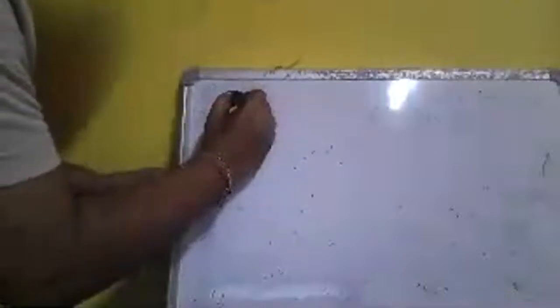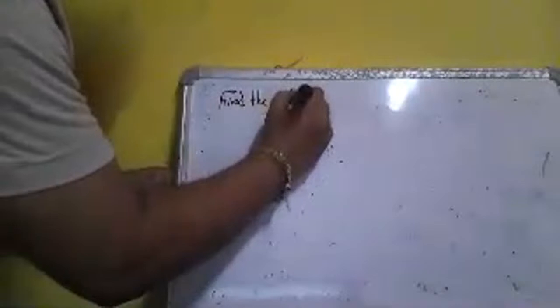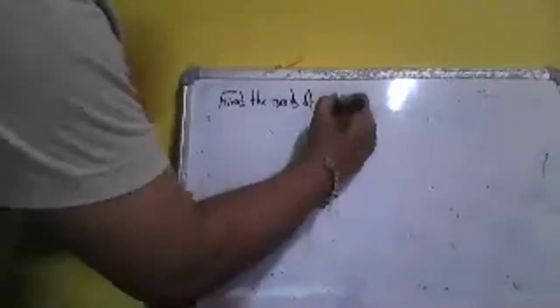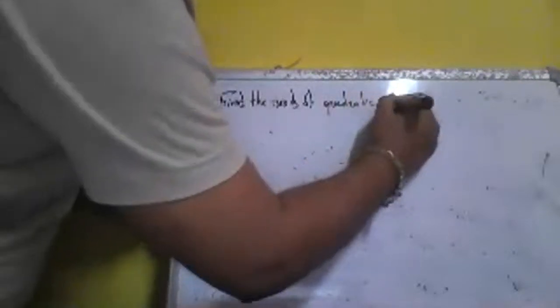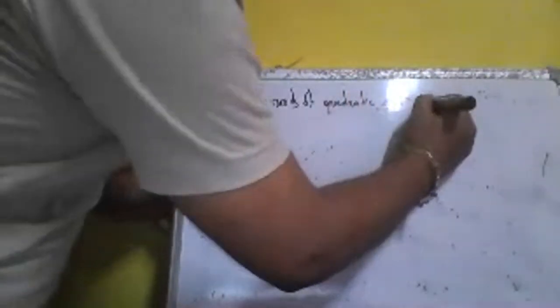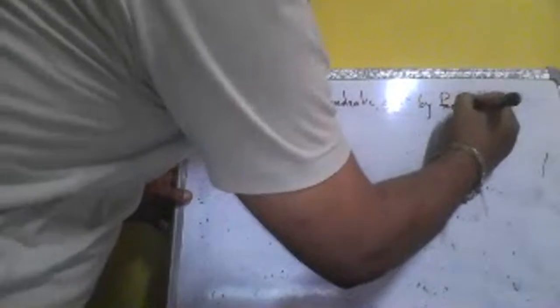Then homework, you first write the homework. Question: find the roots of the quadratic equation by factorization method.